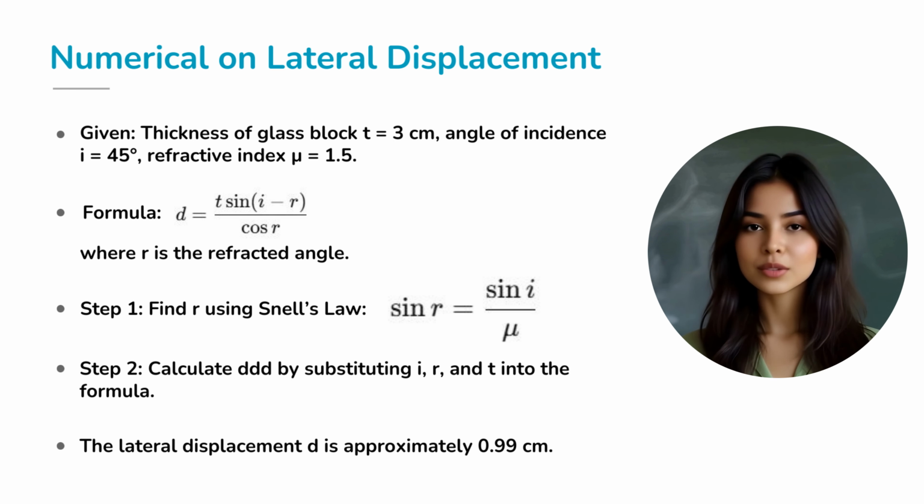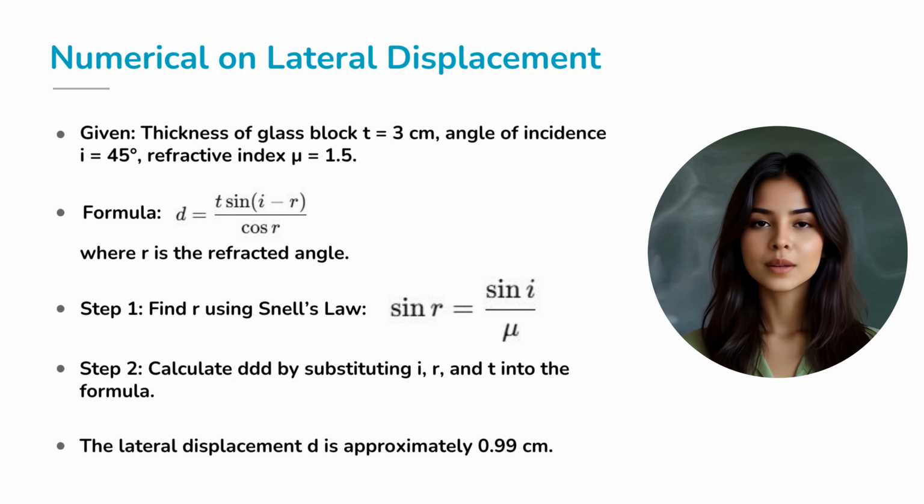This gives us the refracted angle r. Step 2. We plug it into the lateral displacement formula, d equals t times sine of (i minus r) divided by cosine r, where t is the thickness. Substituting the values, we get lateral displacement d is approximately 0.99 cm.